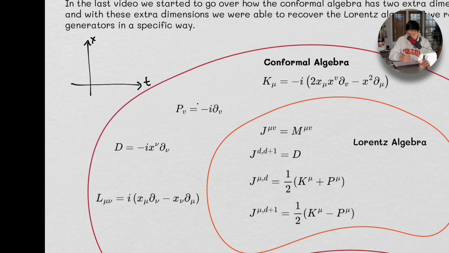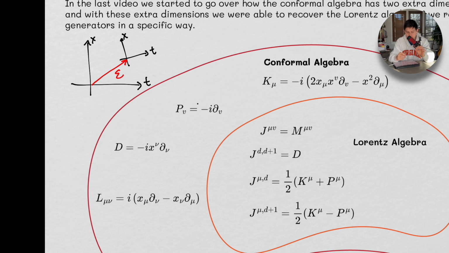So our new coordinate system could be something like this, t and x, and the difference between our two coordinate systems was given by this epsilon.